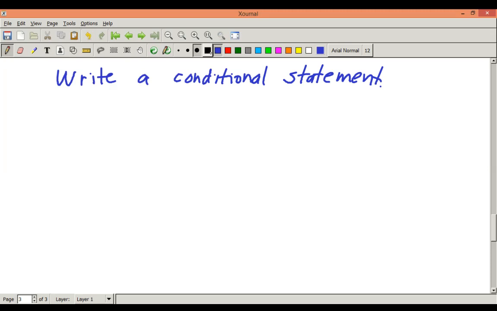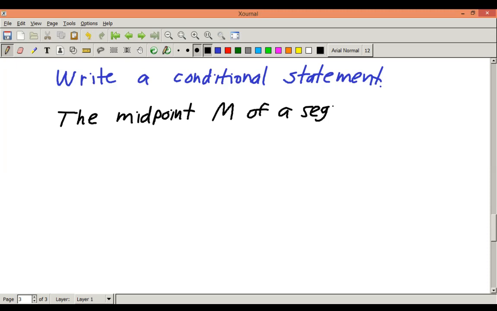And your sentence that we're going to use is the midpoint M of a segment bisects the segment.